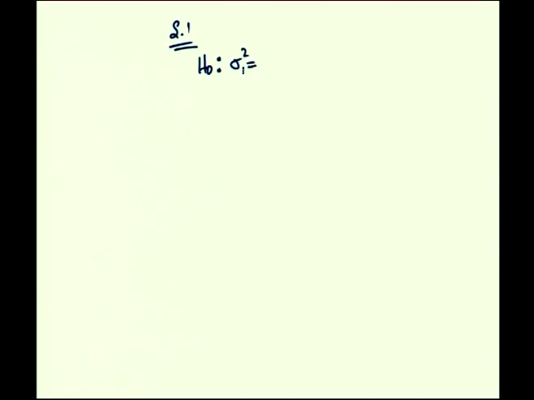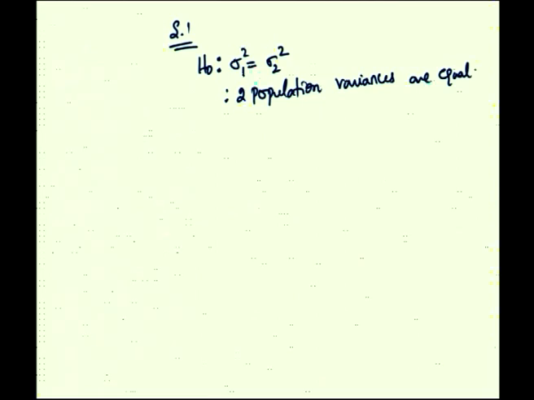So, H naught says sigma 1 square is equal to sigma 2 square, that is, 2 population variances are equal. Next, step 2: nothing is specified in the question about a one-tailed alternative, mentioning whether one population variance is greater or lesser than another population variance.